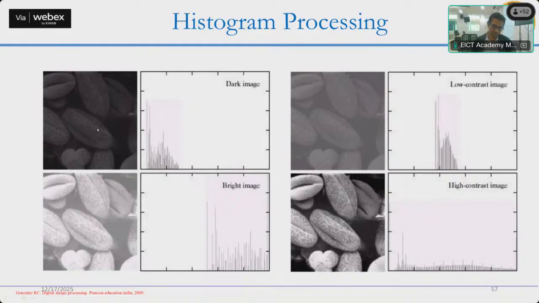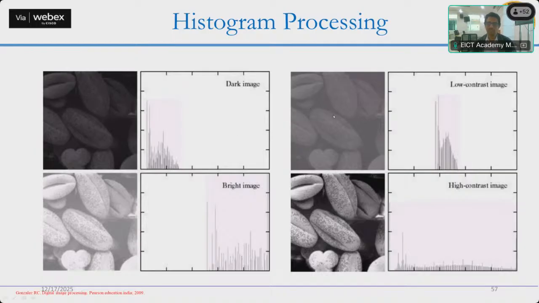If you see here, this image is there. What we observe is that when the image is dark, the histogram is basically located almost on the left side. When the image is bright, then the histogram is located on the right side. Are you able to observe it?